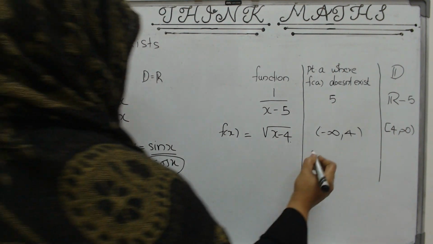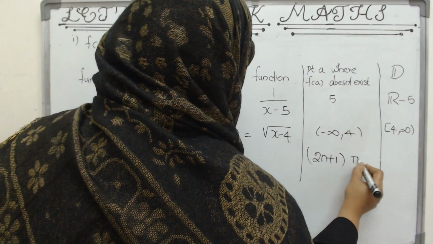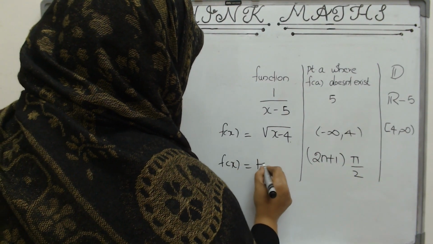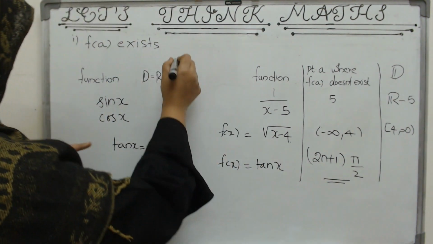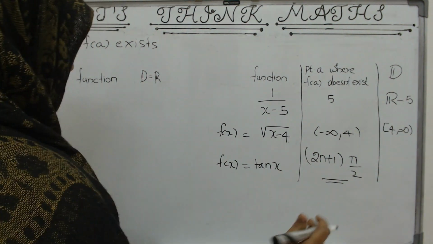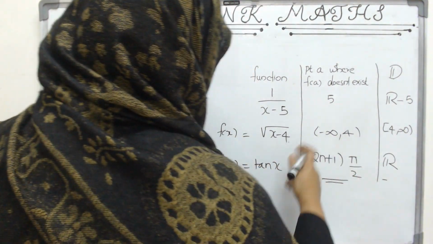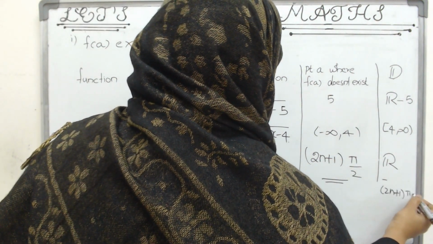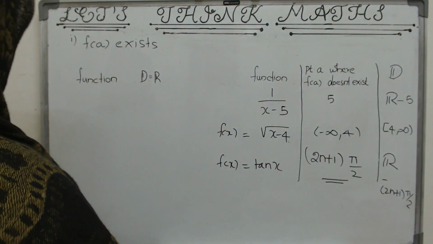So what are those angles? It is (2n plus 1) pi by 2. So if your function is tan x, then for these angles, f of a does not exist. That means it will exist only for those angles from which (2n plus 1) pi by 2 is removed. Remove this, then for the rest, f of a will exist.